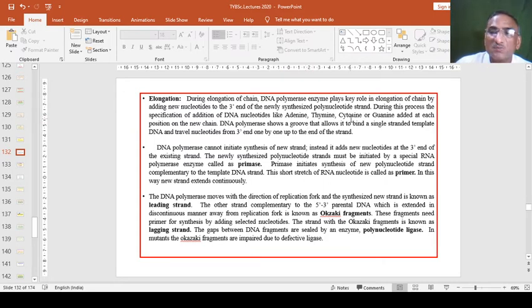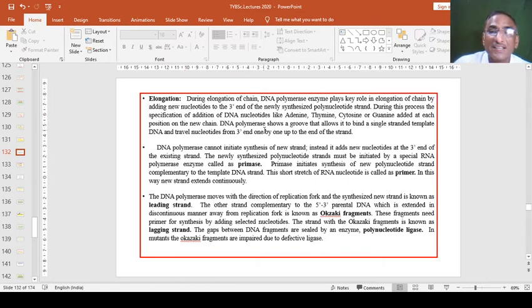During this process, nucleotides like adenine, thymine, cytosine or guanine are added at each position on the new chain, and in this way the complementary chain is formed and a complete DNA strand is formed.